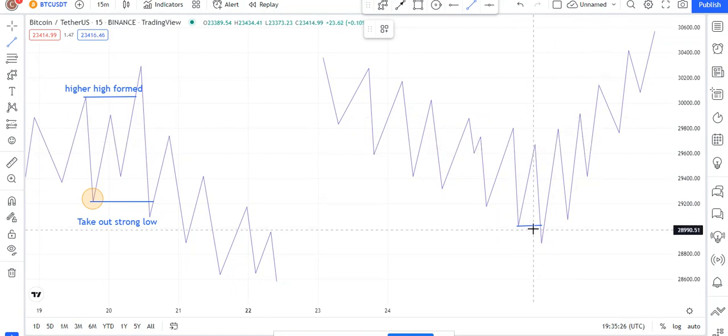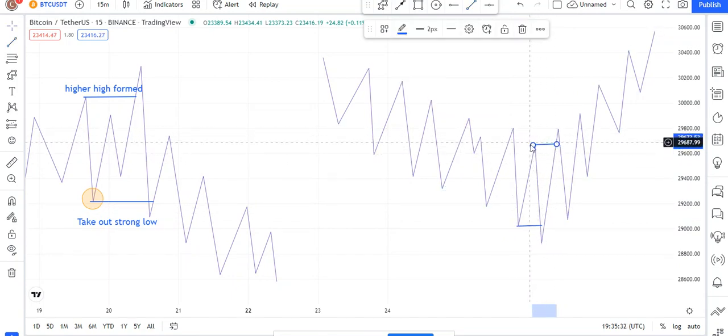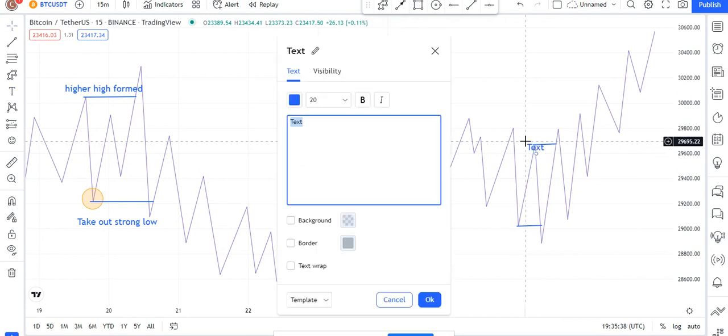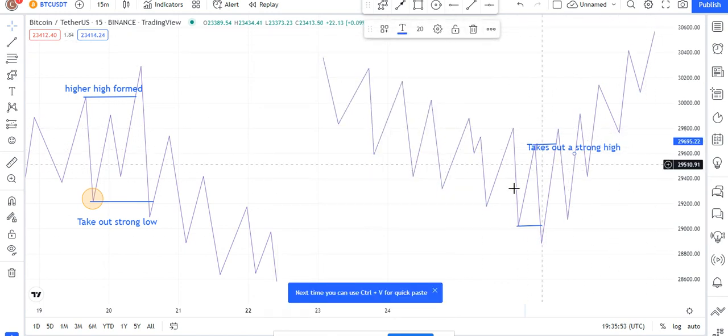All right. So first of all, make a lower low. Then you now made a higher high, and this high that it took out here is a strong high. So it takes out a strong high and changes direction, right?